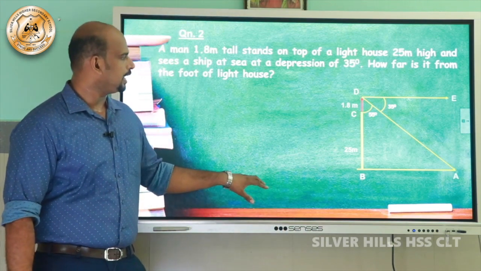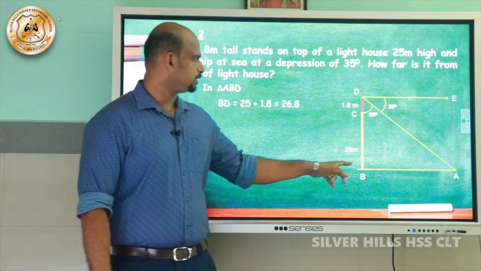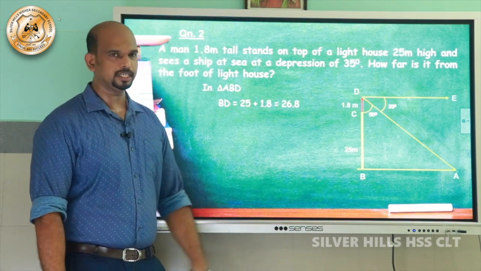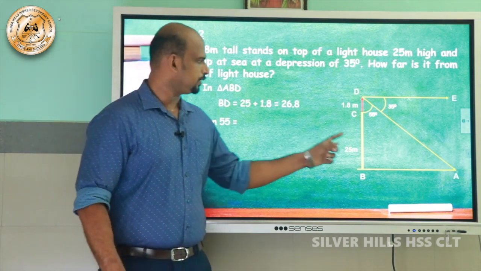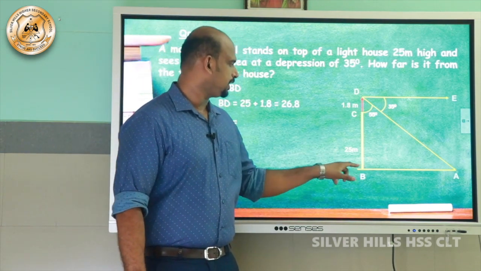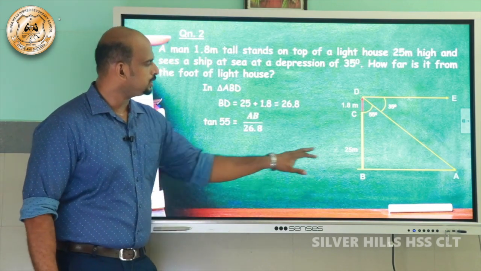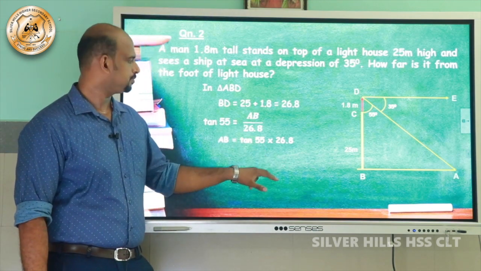So in triangle ABD, the length of the side BD is equal to 25 plus 1.8, that is 26.8, and tan 55 is equal to the opposite side divided by the adjacent side, that is AB by 26.8. Therefore AB is equal to tan 55 into 26.8.